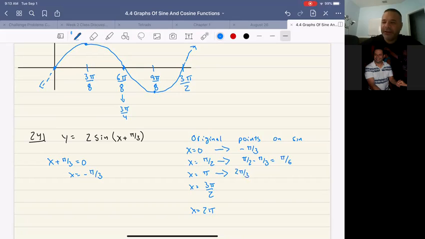Okay, pi minus pi over 3 is 2 pi over 3. 3 pi over 2 minus pi over 3, that one I have to think about, so instead I'm just going to do it in the calculator, and I get 1 1/6.